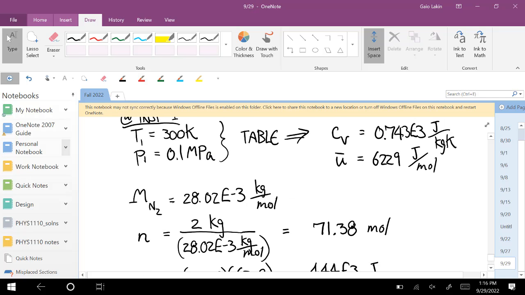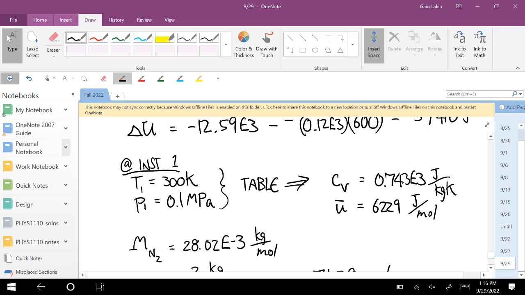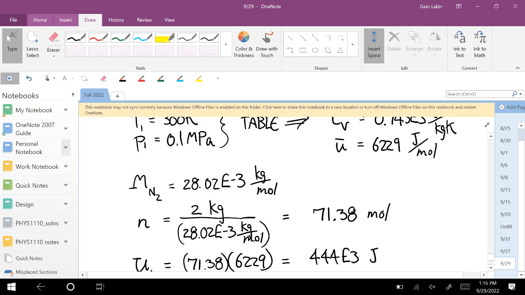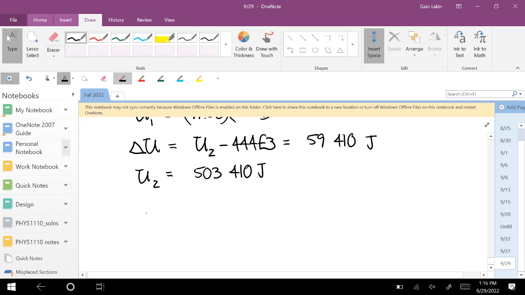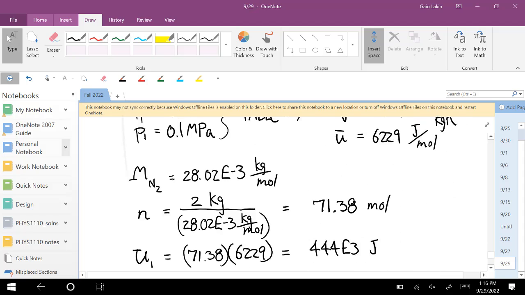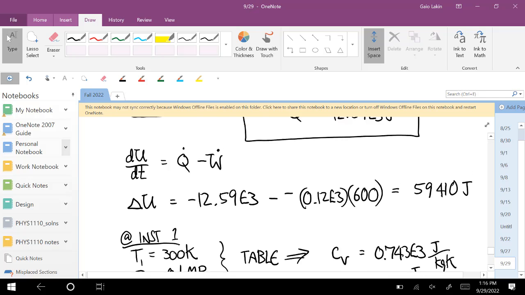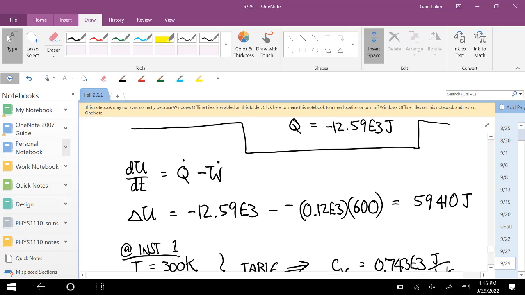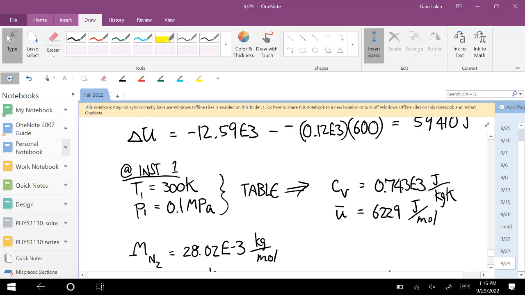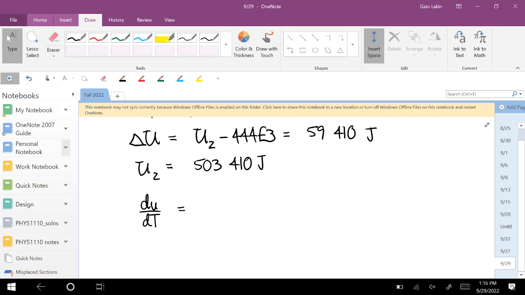Or we could use the specific heat that we got from the table earlier and say du, the temperature, is equal to... where did I put that? 0.743 times 10 to the third.